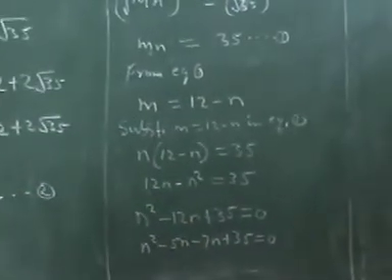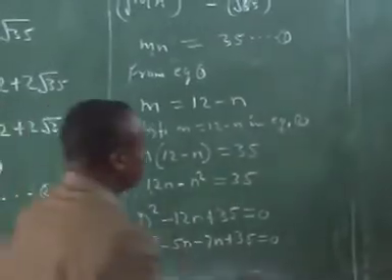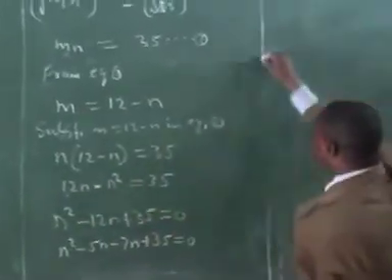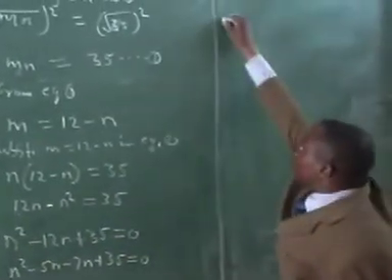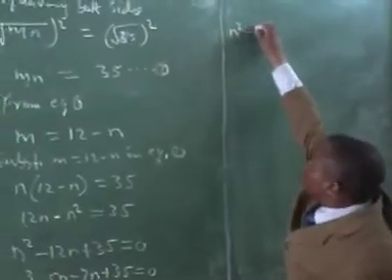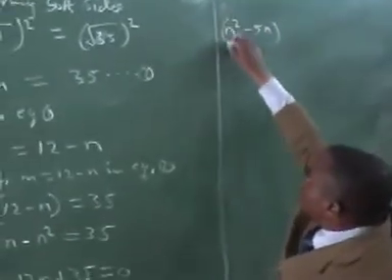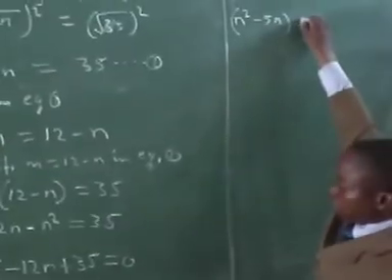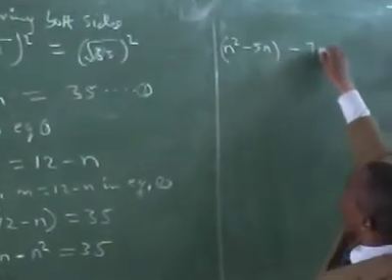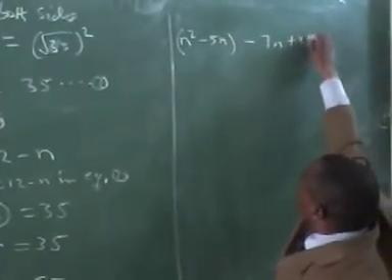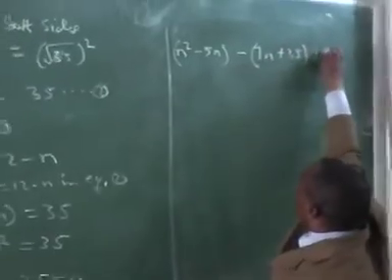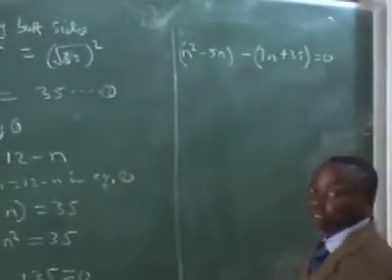If that is done, we can group them, how we generally solve quadratic equation. So n squared minus 5n, we group them, minus 7n plus 35, also group them. Everything is equal to 0.